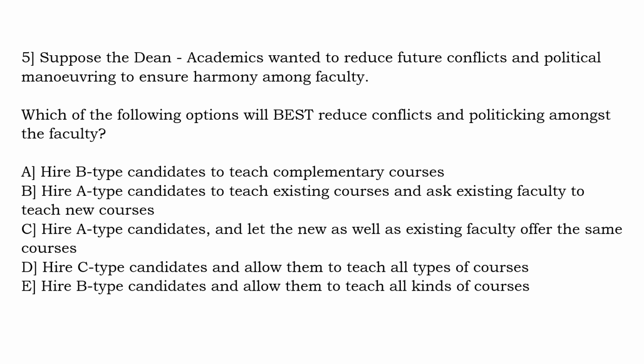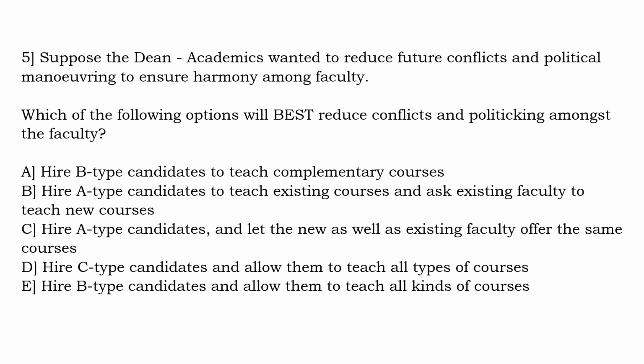Option C, hire A-type candidates and let the new as well as existing faculty offer the same courses. So this seems to be a good option, because all the people will be teaching the same courses. Since the A-type candidates are also good teachers, they will be teaching the same course, and the existing faculty will also teach the same course.